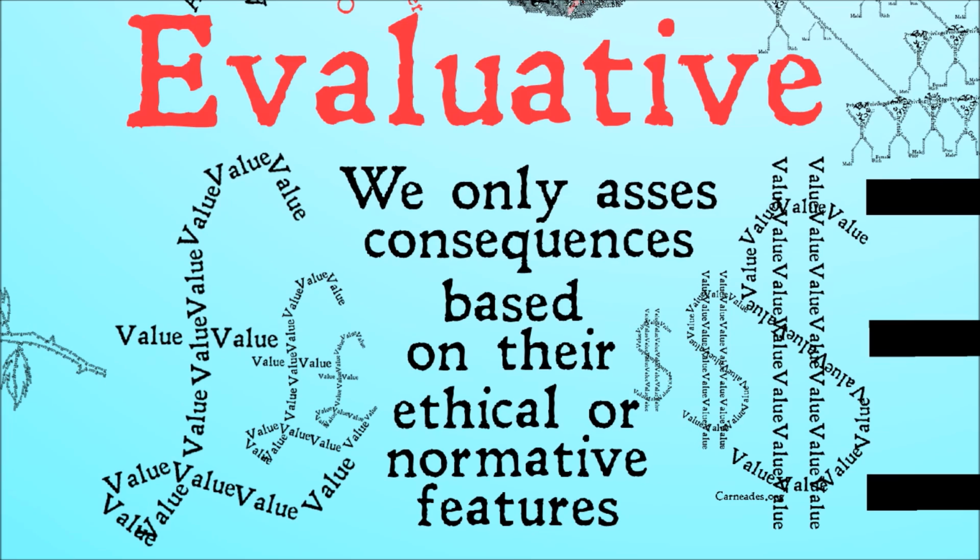Evaluative consequentialism says that the only things we're allowed to judge the consequences on are their ethical or normative features. And depending on how we're judging that, we could say that pleasure is the only ethical feature we're looking at, or there's a lot of different ethical features we're looking at. But whatever features we're looking at, we have to count them as ethical or normative features. We can't be counting other things, such as other properties of the world that might exist that don't in some way fall under the heading of being an ethical criterion.